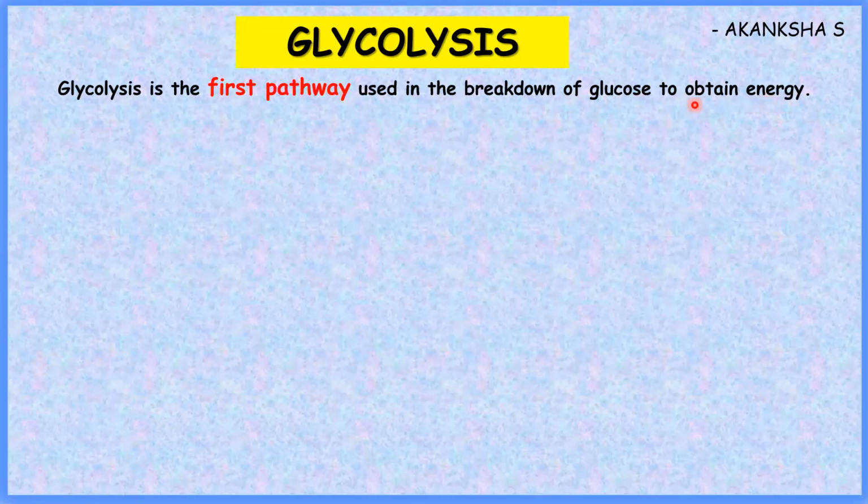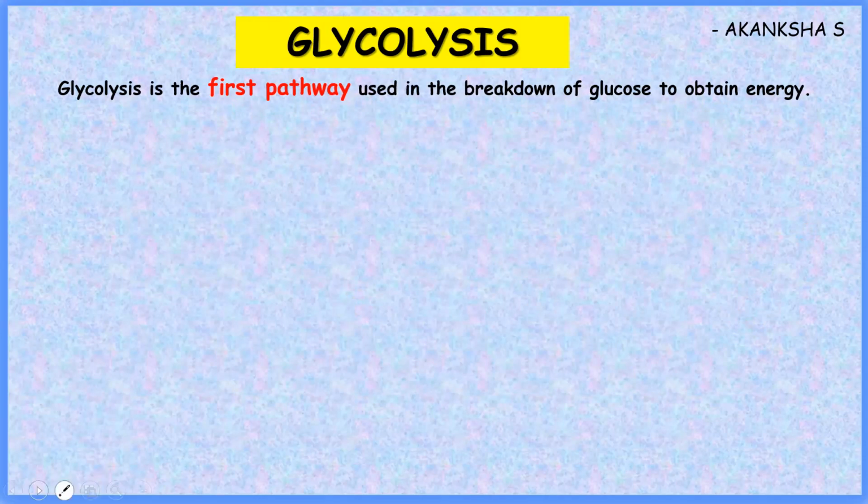Always remember, whenever you are breaking down glucose and you are receiving energy from that reaction, it is a primary reaction of respiration. That's why glycolysis comes under respiration. It's the first pathway of respiration.